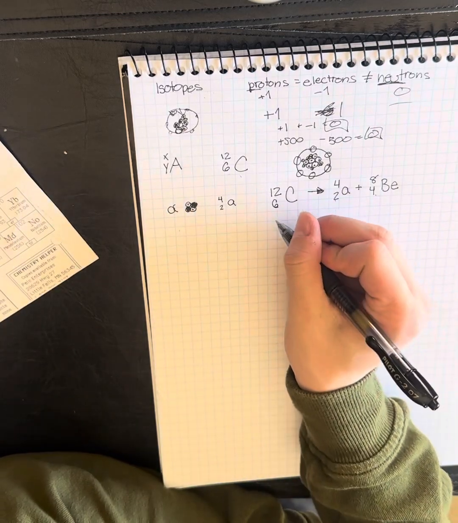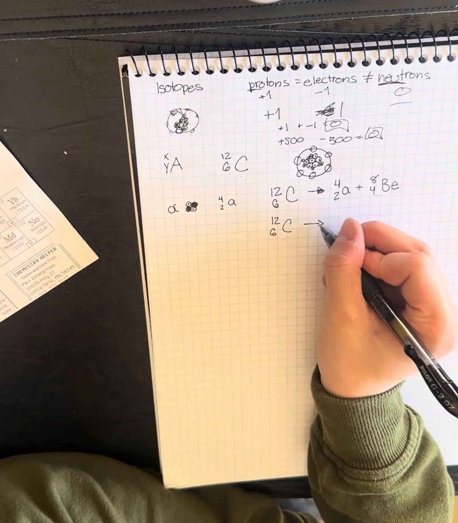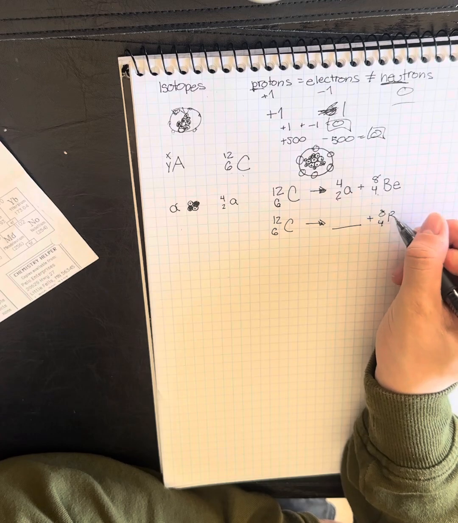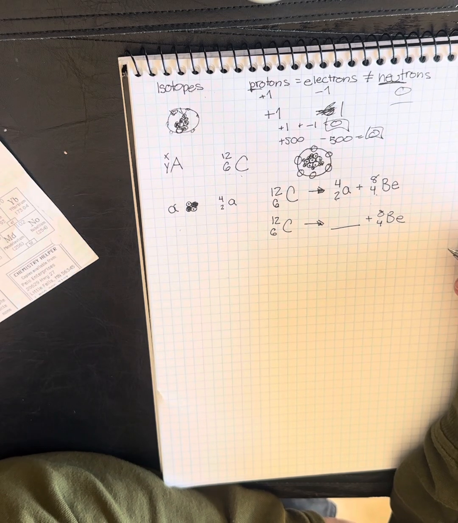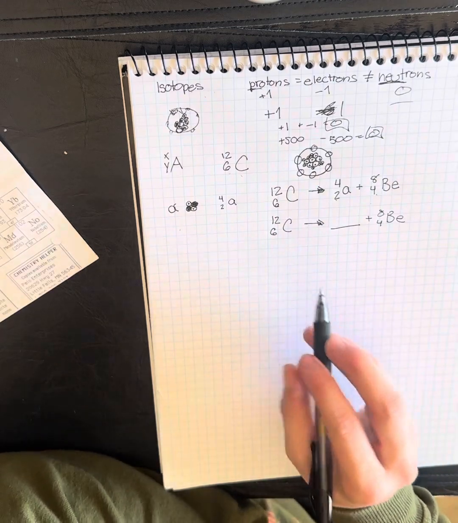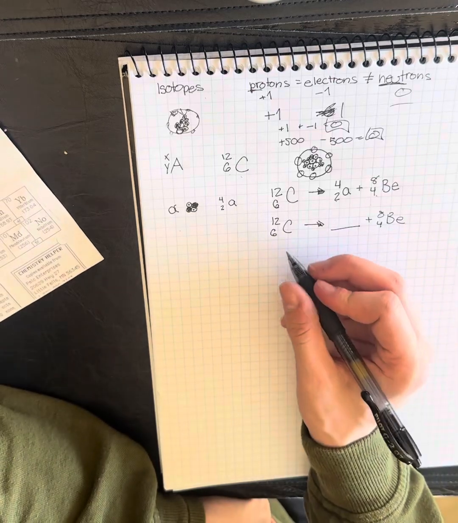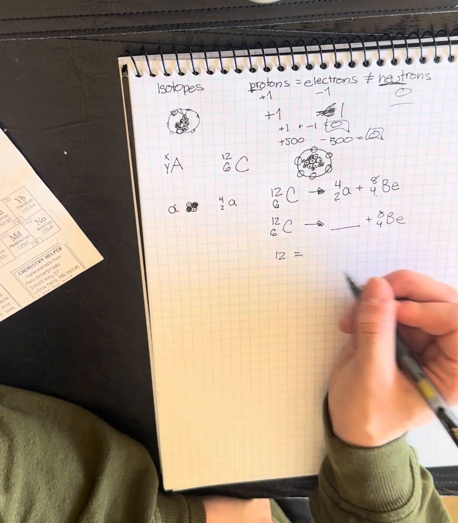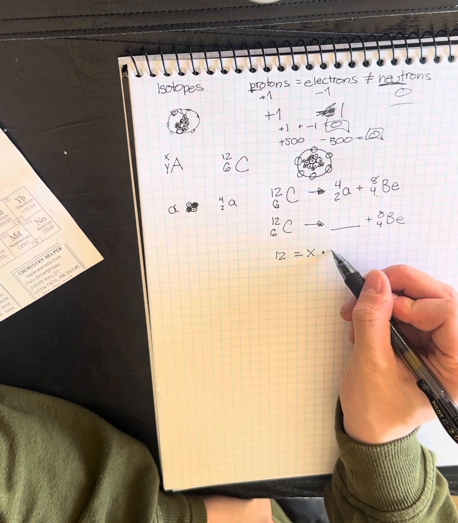She also has you do these fill in the blank ones. So I'll do the same problem. She'll ask what happened here, and it'll be alpha, beta, gamma. What I do is start with the top: we have 12 and 8. So 12 turns into something plus 8.